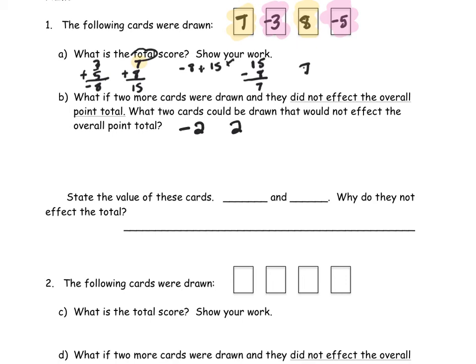These 2 will bring me back. They'd undo each other and bring me back to 0. Just like if I modeled this with chips, I would have a negative and negative and a positive and positive, and then I would be able to 0 these out. So I'd have 2 0 pairs.